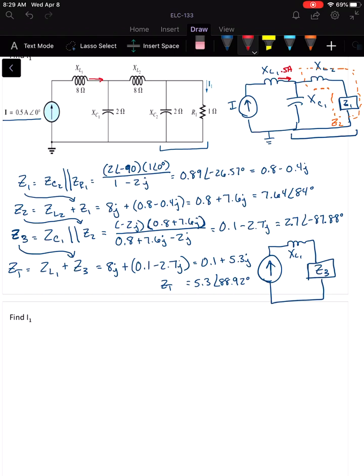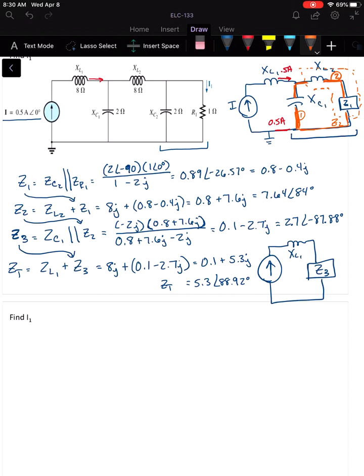And what we have here is a current divider, where the two branches of our current divider are the capacitive branch and then this inductor L1 branch. And then of course it comes back together on the other end to be 0.5 amps. So I'm going to treat this like a current divider, where this is branch 1 and this is branch 2.